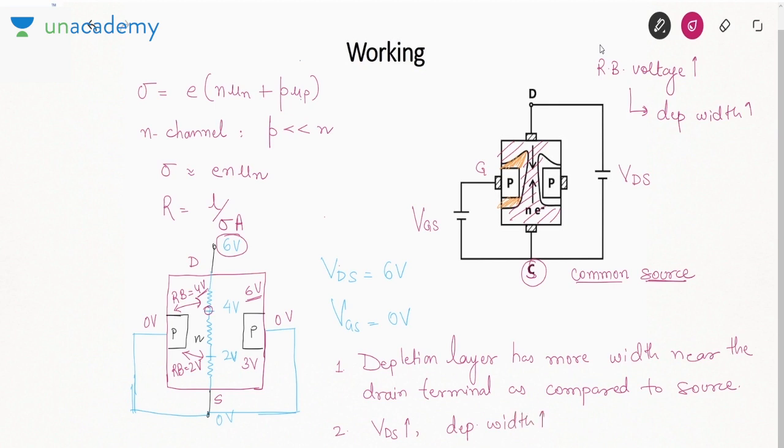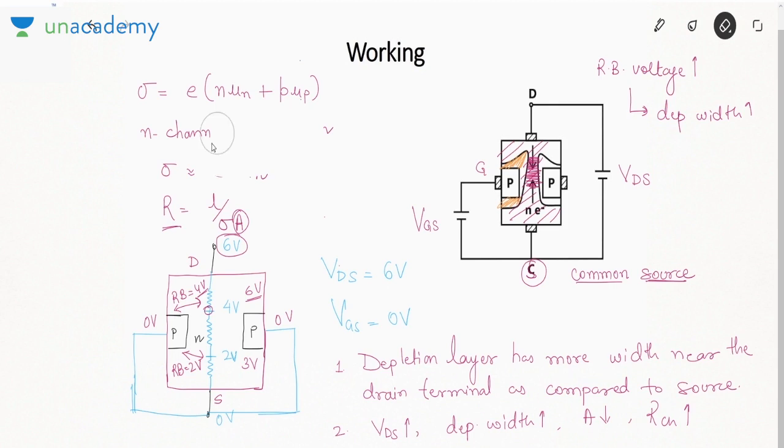If this depletion width increases, this channel area will reduce. If channel area reduces, the resistance of the channel increases. The resistance of the channel will go on increasing if you increase the drain to source voltage, because by increasing the drain to source voltage we are increasing the depletion layer.